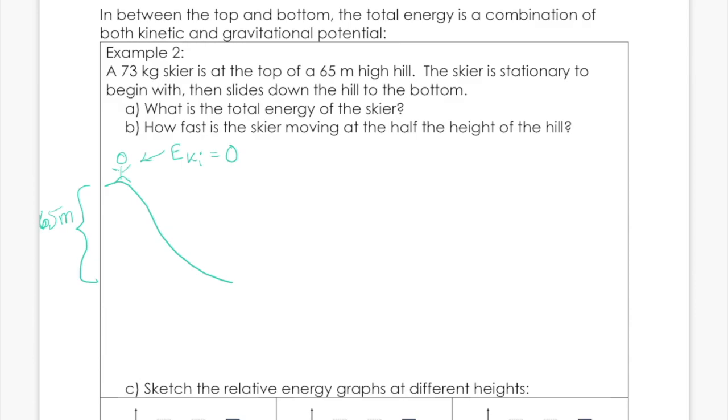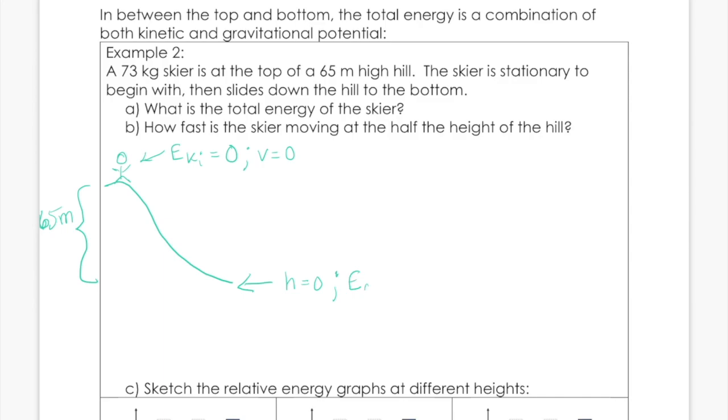Their initial kinetic energy is 0 here because their velocity is 0. They're not moving. And then at the base, this is where our kinetic energy is going to be the greatest, but our height here is going to be 0.